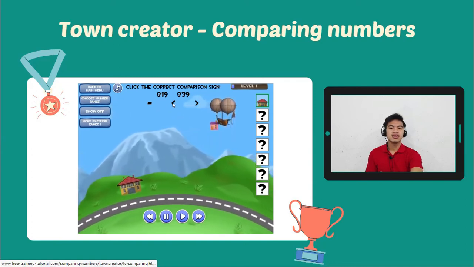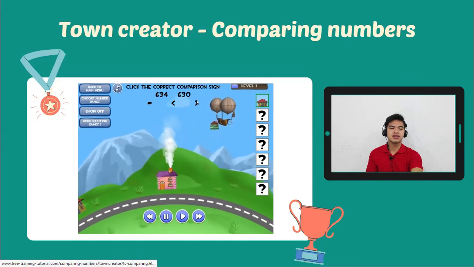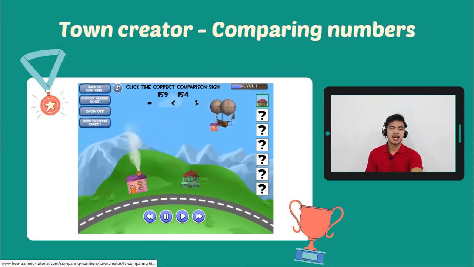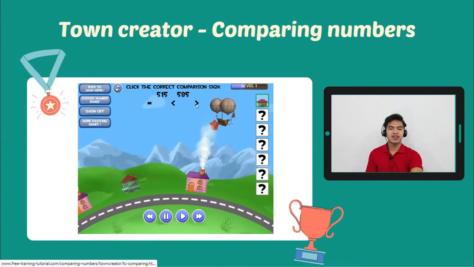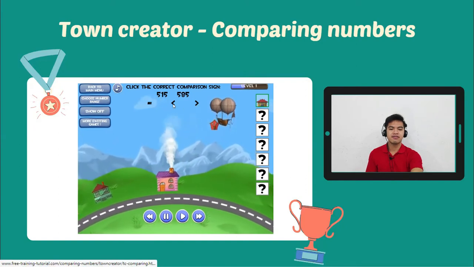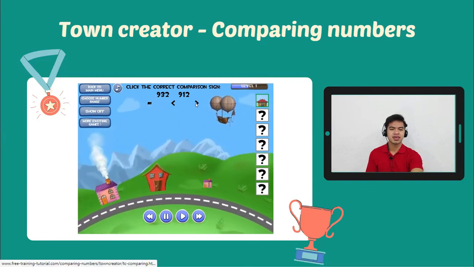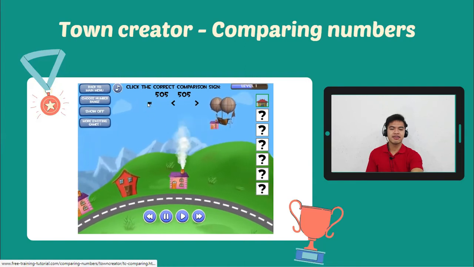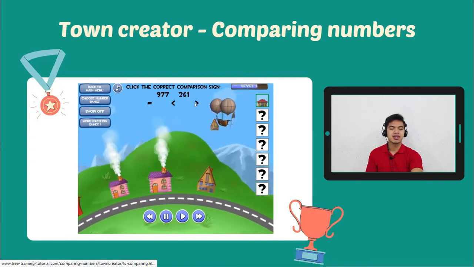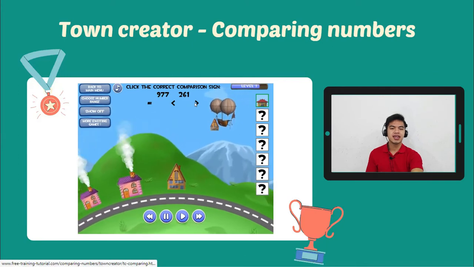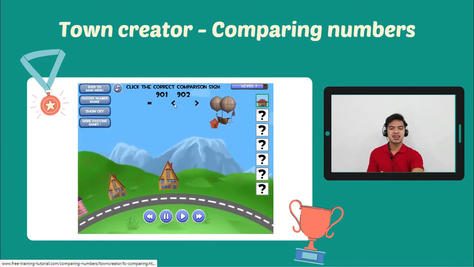It's going to be less than. 634 is greater than 630. 159 is greater than 154, so we will click greater than. 515 is less than 585. 932 is greater than 912. 505 is equal to 505. 341 is greater than 252. 977 is greater than 261. 901 is less than 902.